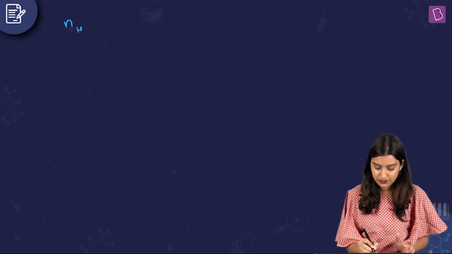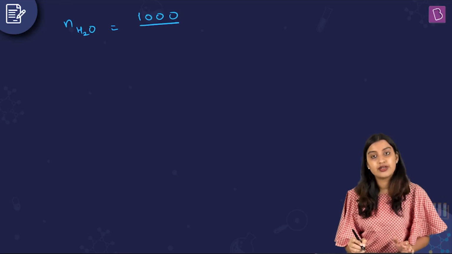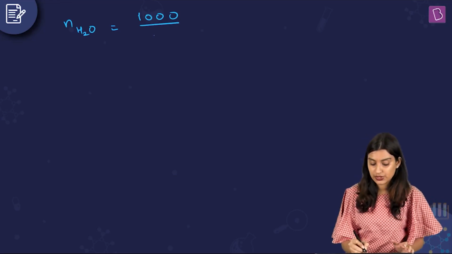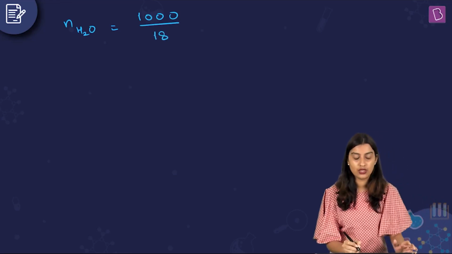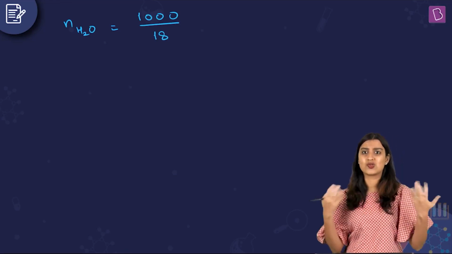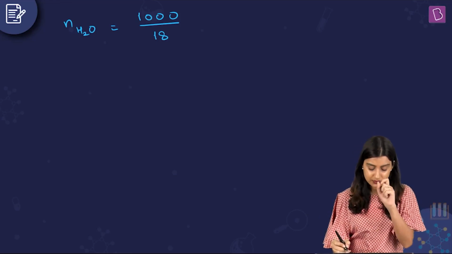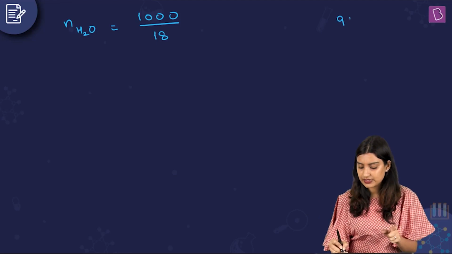Okay, so let's first calculate the number of moles of water. The given mass is 1000 grams divided by molar mass, which is 18 gram per mole. Now when you calculate this, I don't want to solve the entire thing. I want to keep it as short as possible. So you can see that 18 into 5 is 90.